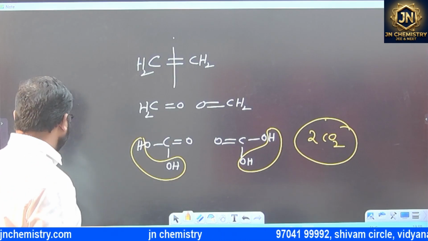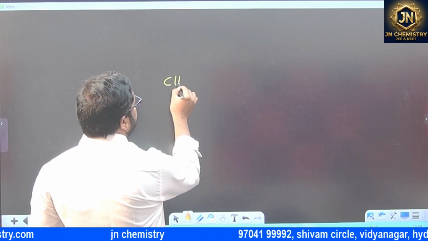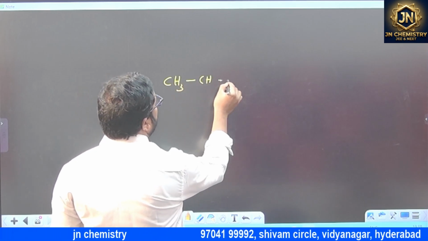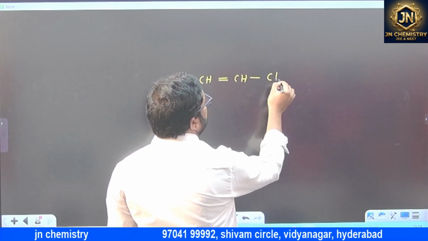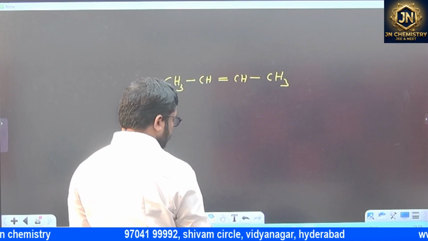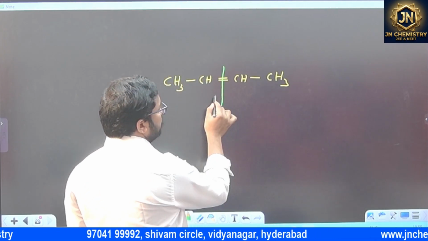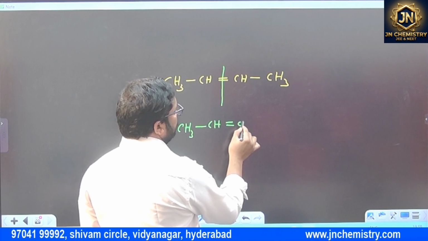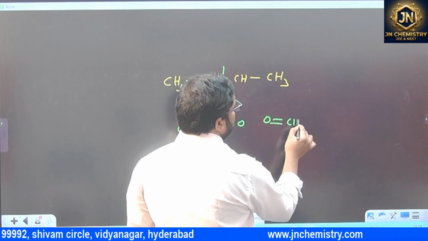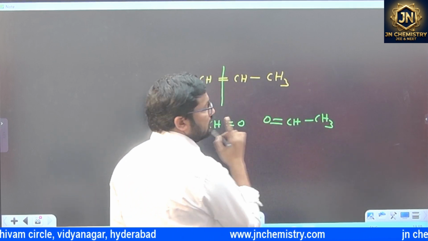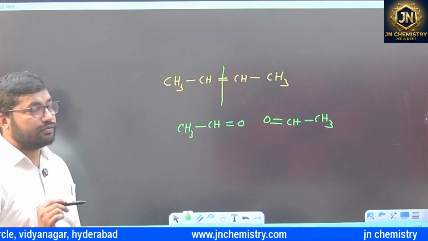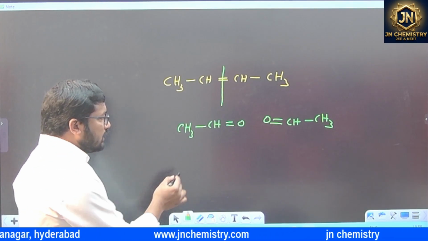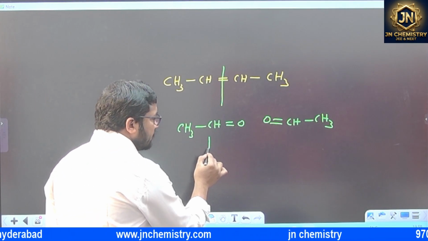For example, CH3, CH double bond CH, CH3. In this case, first what we need to do is ozonolysis: CH3, CH double bond O, O double bond CH, CH3. This is the first step, like ozonolysis we need to do with KMnO4. Next, this double bond carbon is having 1 OH, right?